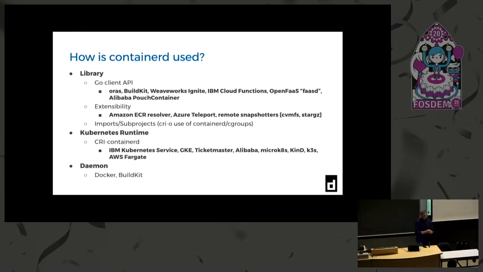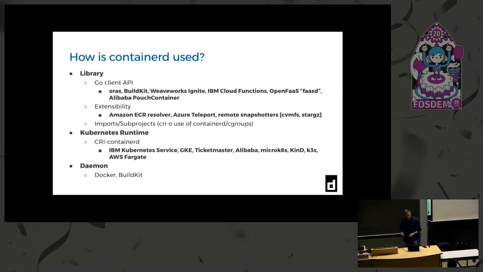And so there's a couple ways you can do that. The Go client API. So that's, again, an abstraction that we'll look at how that fits, but there's a ton of projects that have chosen to use the Go client API for a simple way to run containers, to make a larger project use containerd. So OpenFaaS is one of the most recent ones where Alex has been tweeting about faasd.